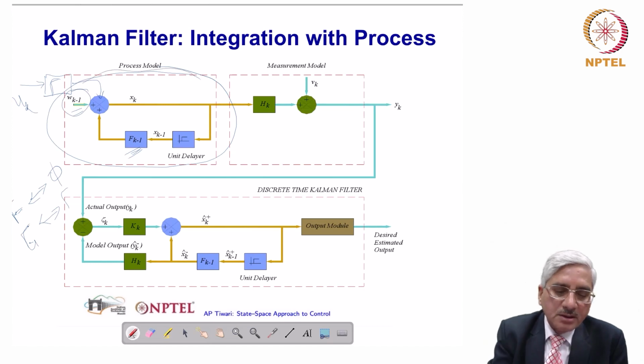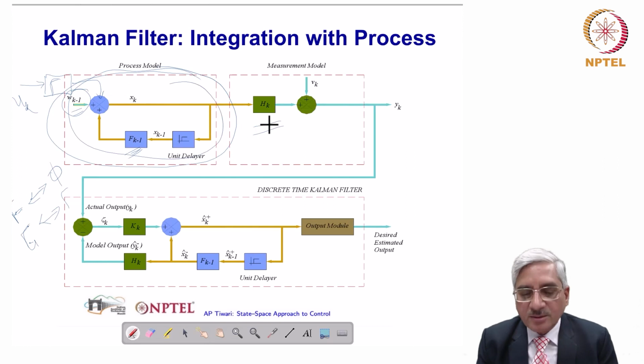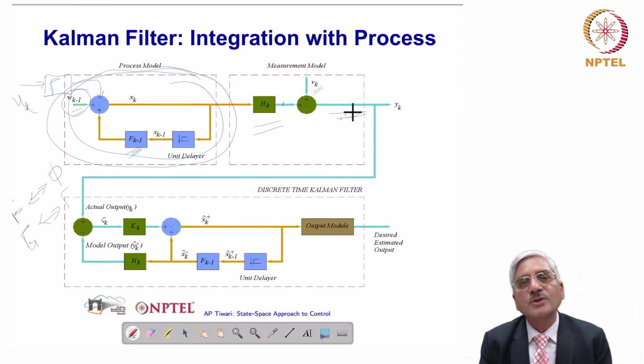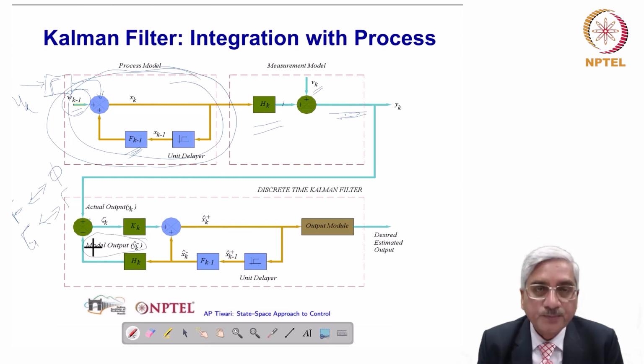So this is the process system. H_k is the measurement model, so we get the output. This is the ideal output. To that we add the noise to get the actual output of the system. And this output is coming. To that we compare the model output.